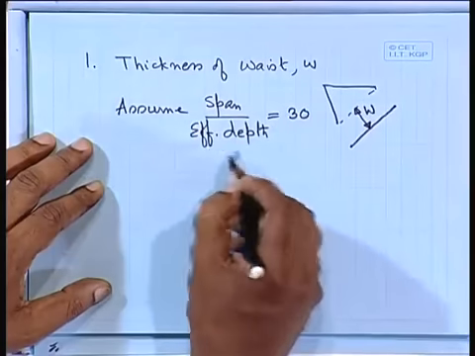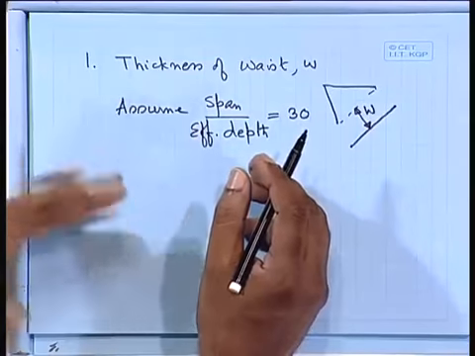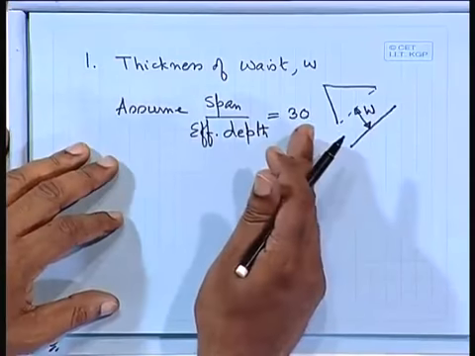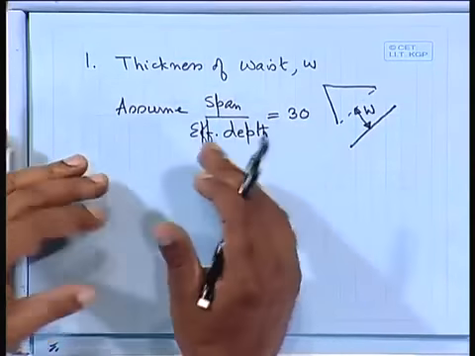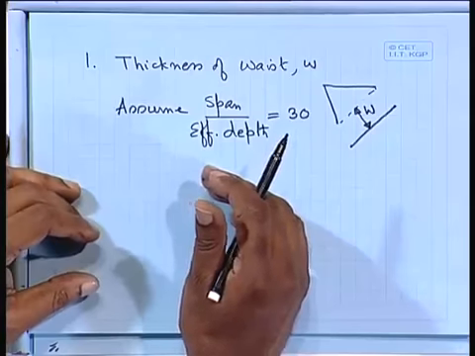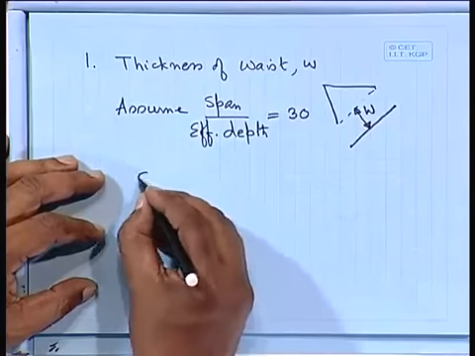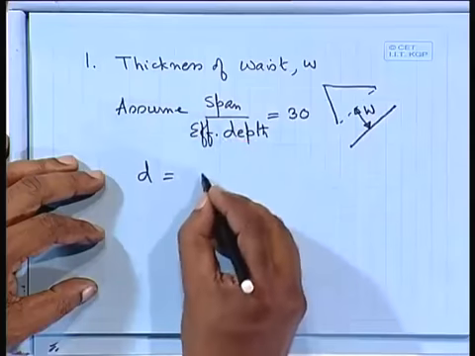We can assume span by effective depth equal to 30, because reinforcement and other things are involved, so there are so many factors involved, so we can assume 30. So D will be equal to span, how much?